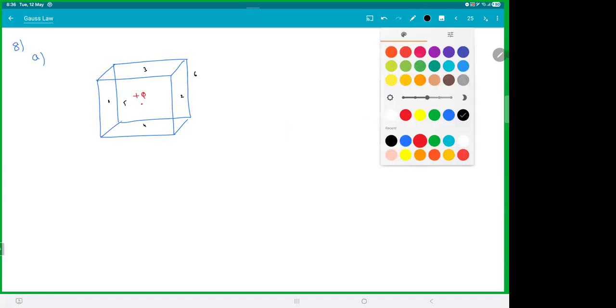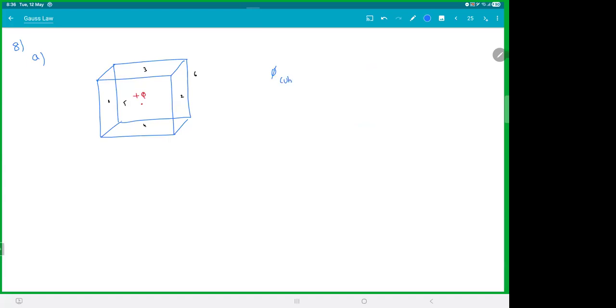So direct story, right? The flux passing through the cube is simply q by epsilon. Like I said, it doesn't matter what kind of shape you take, it has to be q by epsilon. And then we will say, by symmetry, all 6 faces are looking identical, all 6 faces are symmetrical, therefore the flux through each face is q by 6 epsilon. Easy? Everyone got the logic?